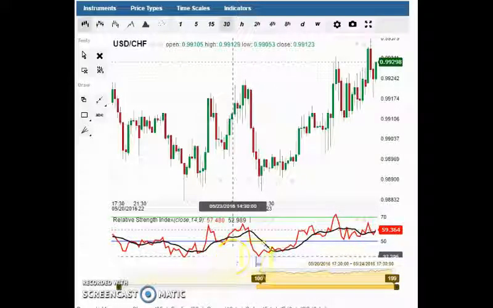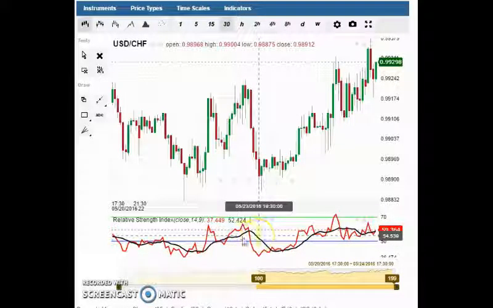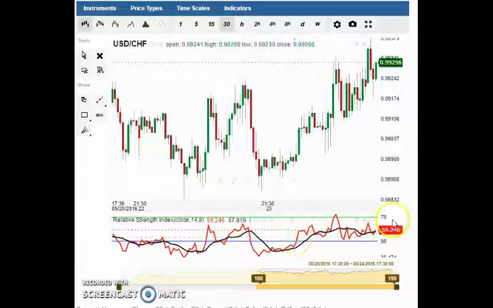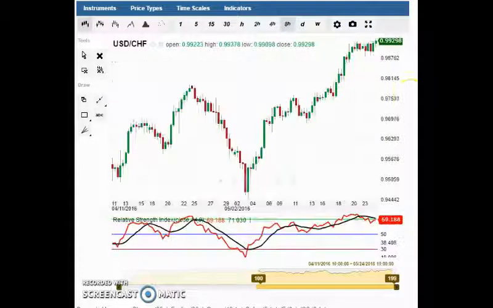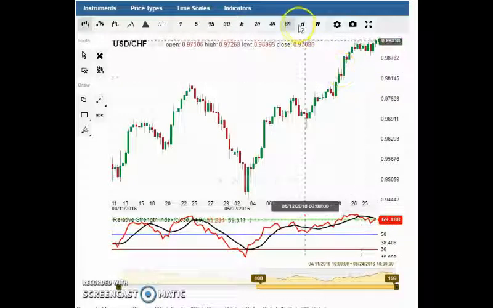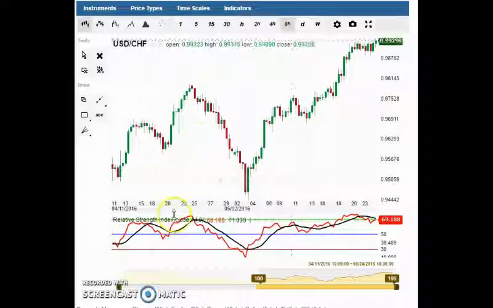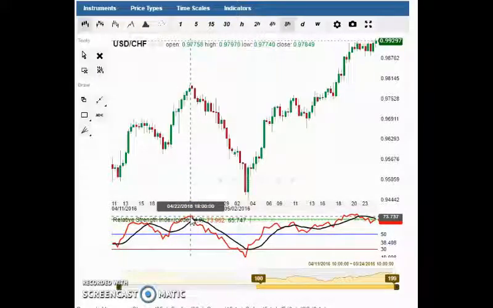So a relative strength index also has a level that is called overbought. When it's overbought, it is above 70. Let's see if we can find it here, shall we? Okay, we approaching overbought levels. So let's find overbought. Here we are. Yes, overbought. Relative strength index was above 70, 73.